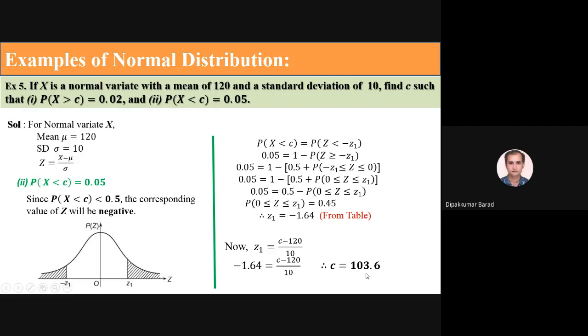Is it clear for everyone? If you have any doubt, you can ask right now. Previously we discussed P of x greater than c, and this one is P of x less than c. Is it clear?